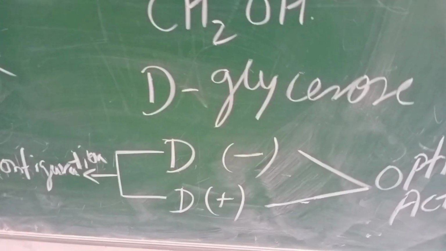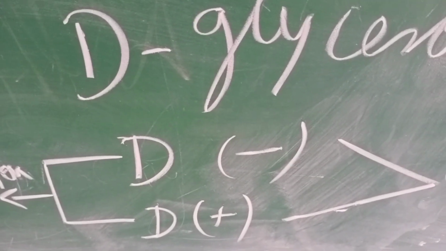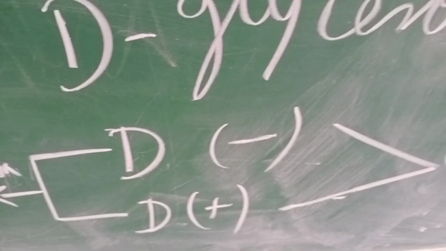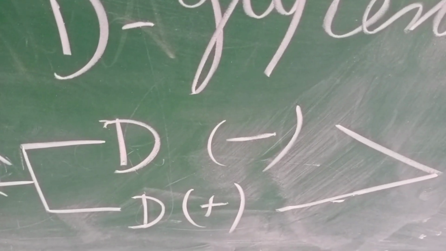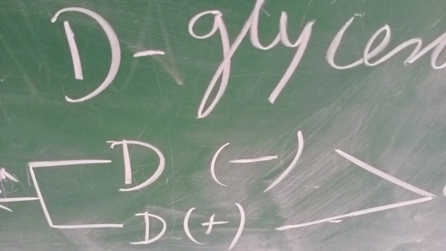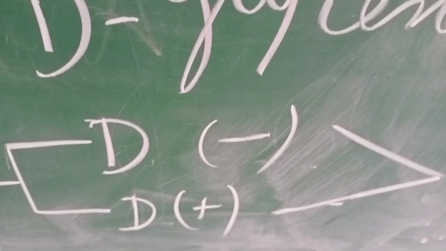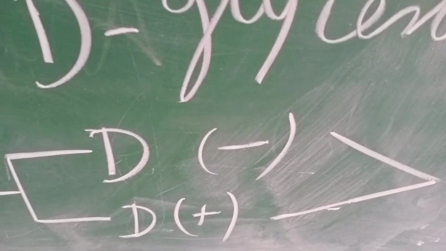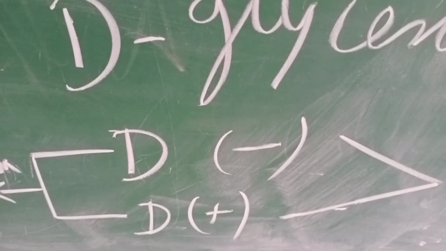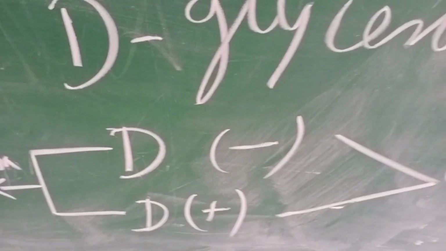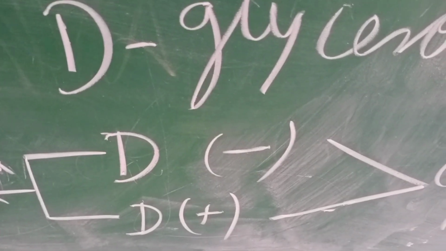Likewise, if the glycerose molecule is represented by capital D and a positive sign, the capital D indicates the configuration, that is, the molecule belongs to the D series, and the positive sign indicates the optical activity, that is, it is dextrorotatory. That is, it is able to rotate plane polarized light towards the right direction.